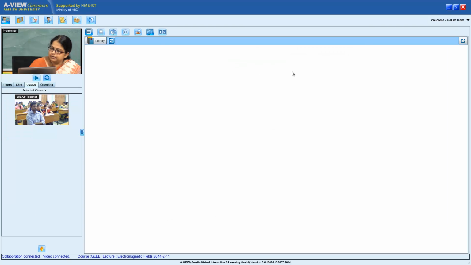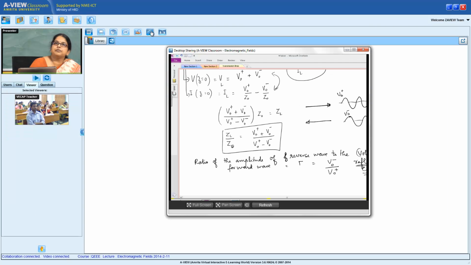Now, where is this reflection coming from? The whole problem now you can look upon like this. You can imagine that you have excited the line with a frequency, it is setting up a wave propagating in the forward direction. You have a load at the other end.